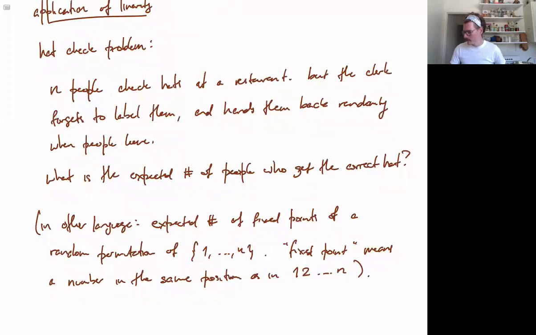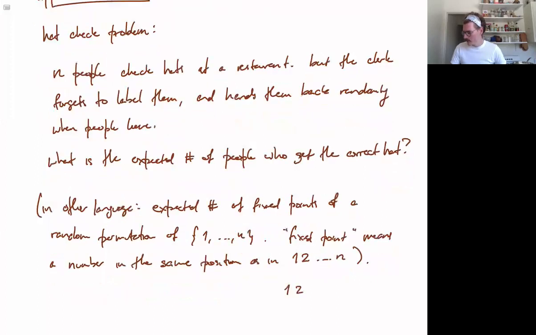So for example, just to give a little example, a permutation of 1, 2, 3 might be, for example, 1, 3, 2. In this case, 3 has moved because it used to be there, and 2 has moved because it used to be there, but 1 is a fixed point because it is in the same position as in the usual ordering of the list.